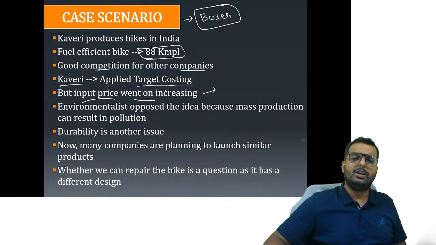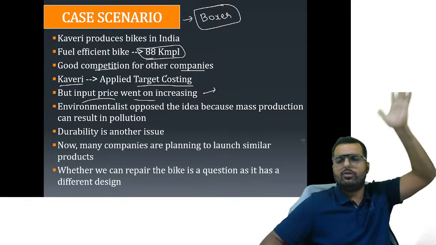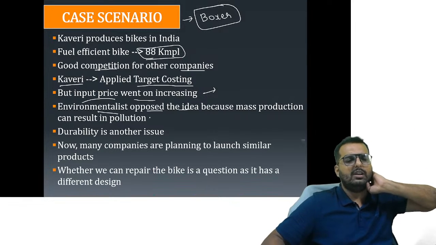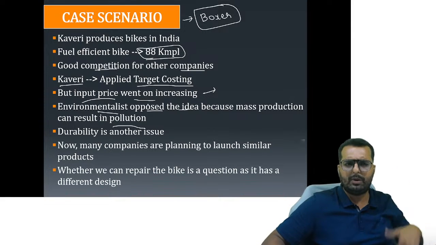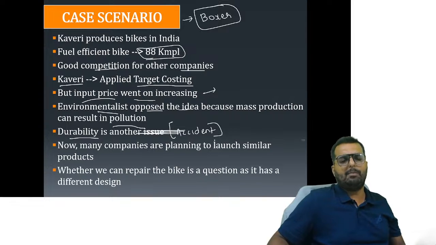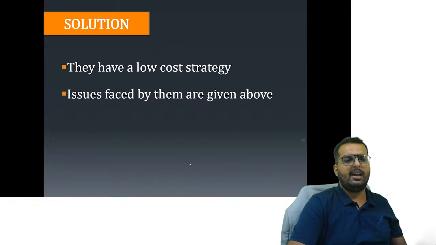The input price went on increasing. So when the input price increases, automatically cost goes up. You cannot manage. And environmentalists oppose the idea because it will result in pollution. You're producing too much, pollution will happen. Durability, if you go through an accident, won't you suffer losses over there? Now many companies are planning to launch similar products, so whether we can repair the bike is also a question that they are having.